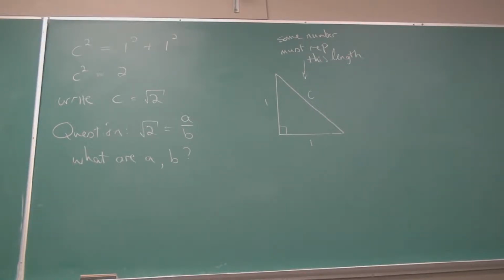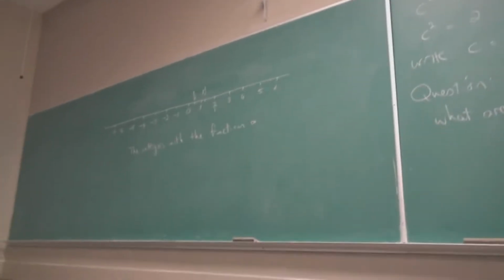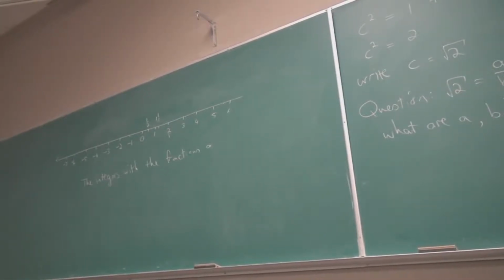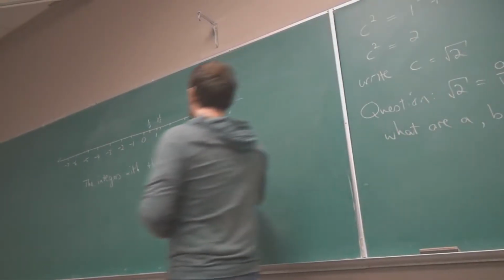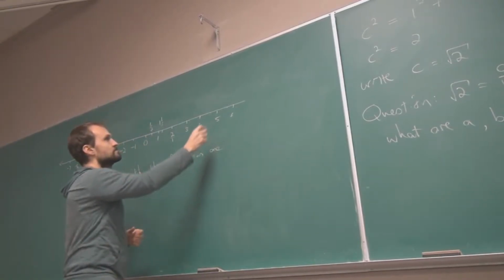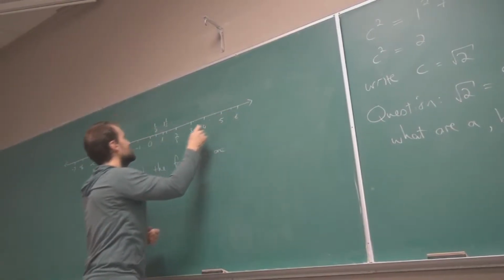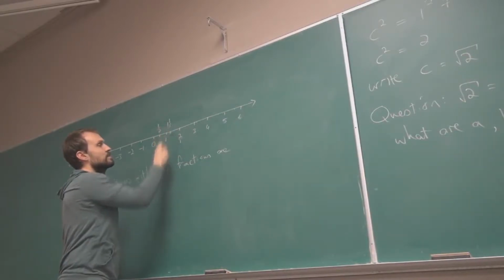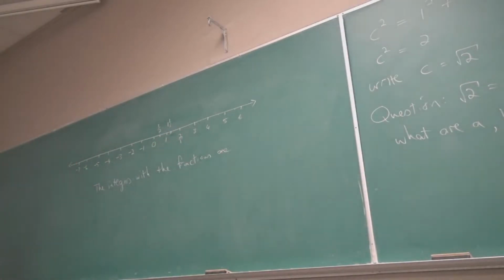Now, oops, I shouldn't erase that yet. Now, you can actually measure this, and depending on how accurate you can measure it, their accuracy was a little shaky at that time, of course. You measure it somewhere over here, and depending on your accuracy, you can get more and more accurate.